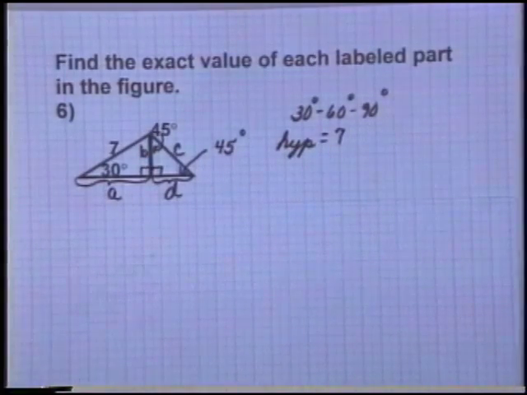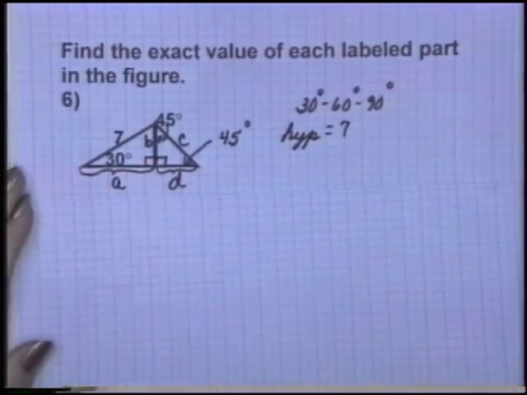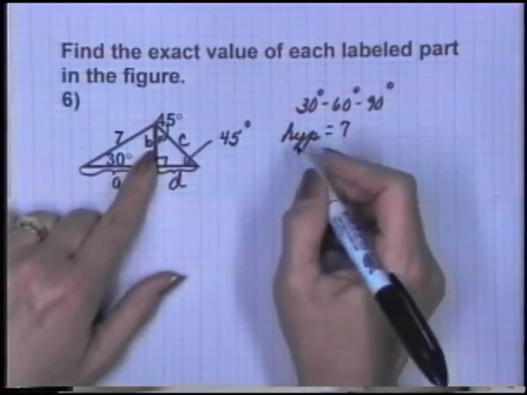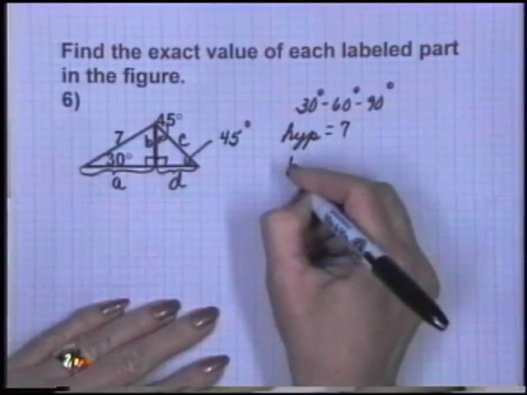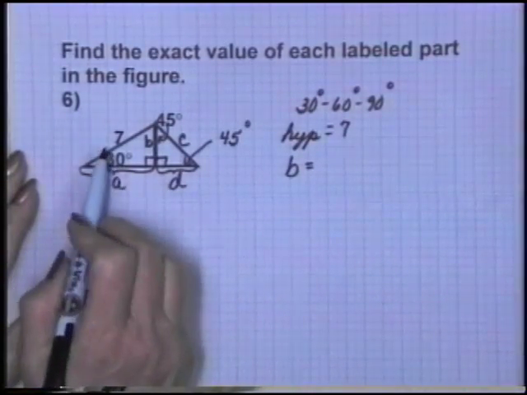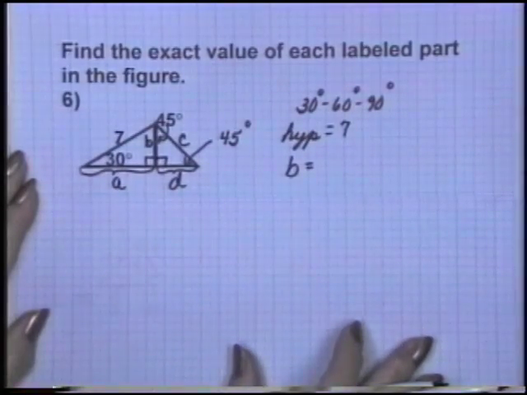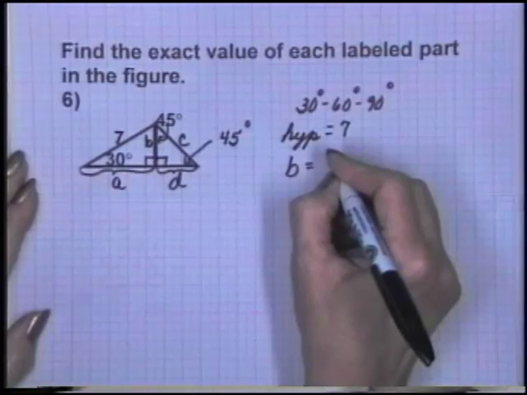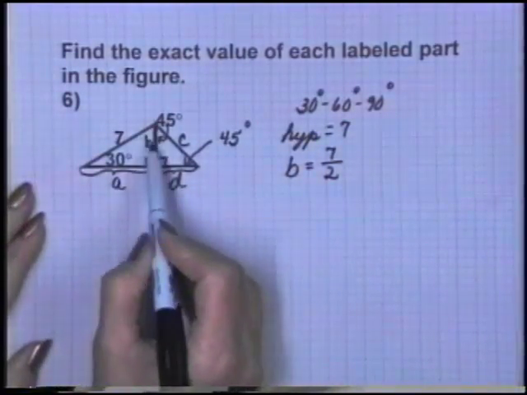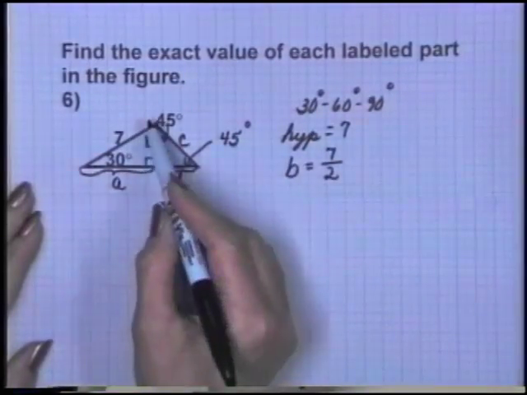Now I think it's much easier to find the leg that is opposite the 30 degree angle. So which leg is opposite the 30 degree angle? That is B, isn't it? Now, do you remember how we find the leg opposite the 30 degree angle when we're given the hypotenuse? We take the hypotenuse and we divide it by 2. So I know that B is 7 divided by 2.